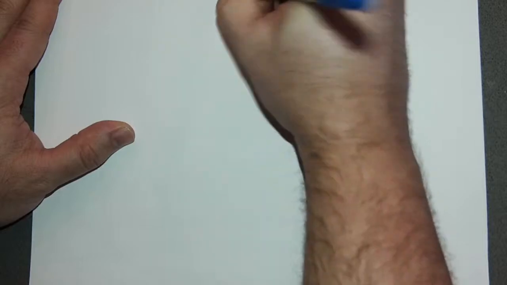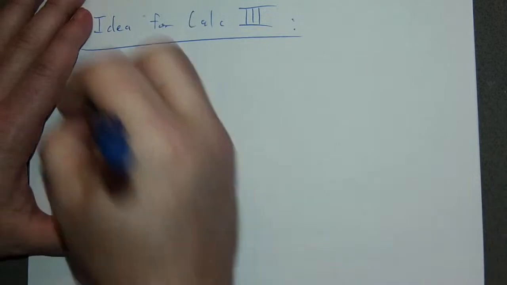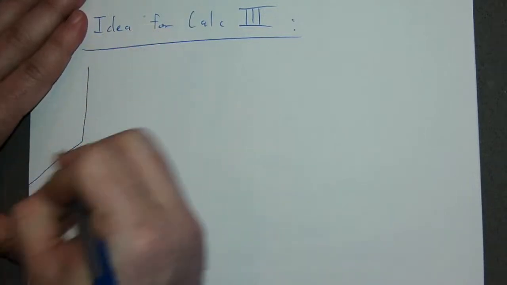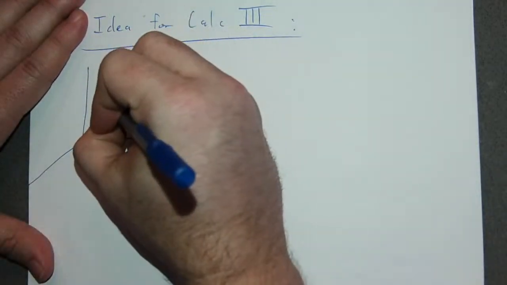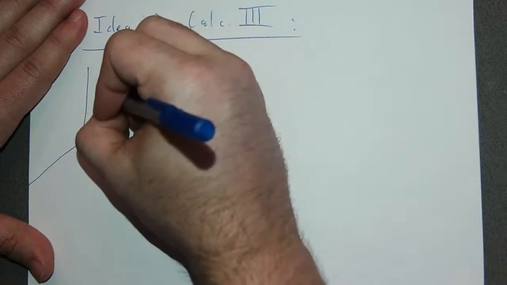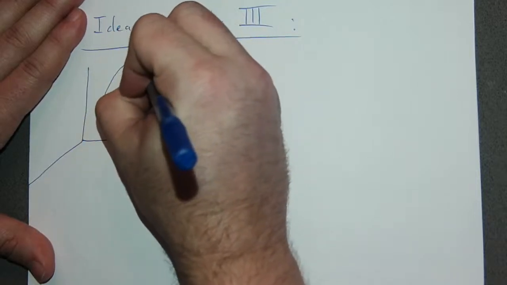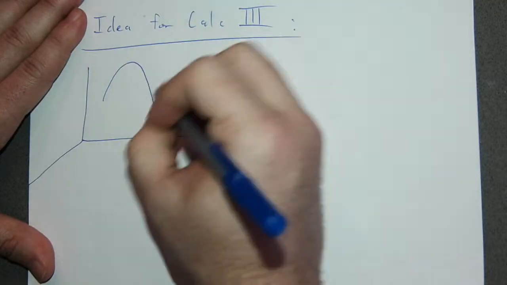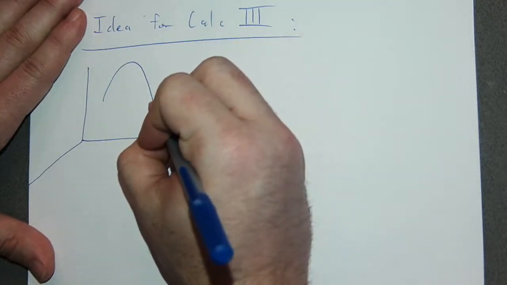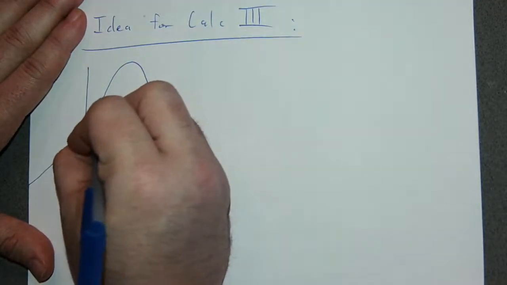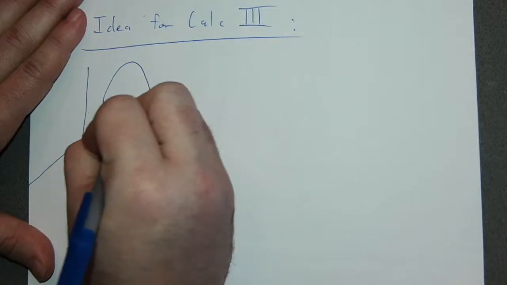So what is the idea in Calc 3? How do I move that to Calc 3? Okay, well, the idea is that I have a graph, and maybe part of my graph looks like this, right? And maybe it dips a little bit, but I'm going to actually separate these so that it looks nice.